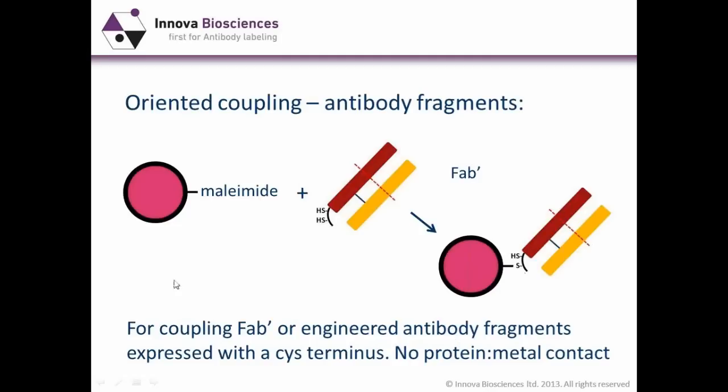This can also be used for engineered antibody fragments, which are very often expressed with a cysteine terminus for coupling purposes. So one of the key points, though, is that there's no protein-metal contact. Small fragments will quite often unravel on a metal surface. There's no metal-protein contact with this particular coated material.